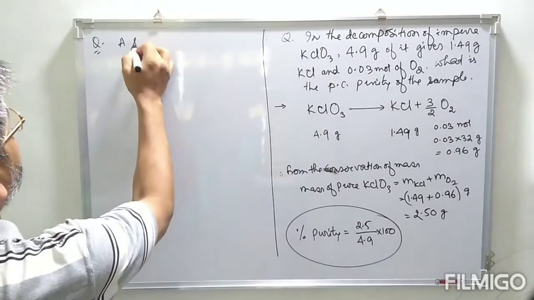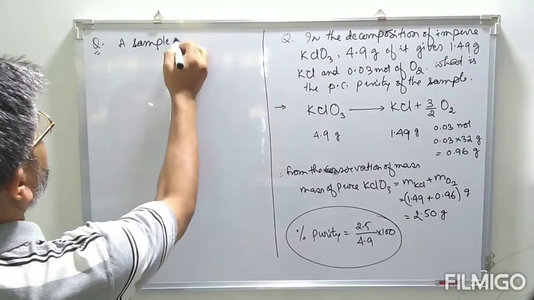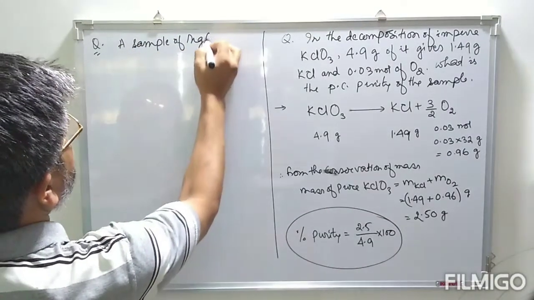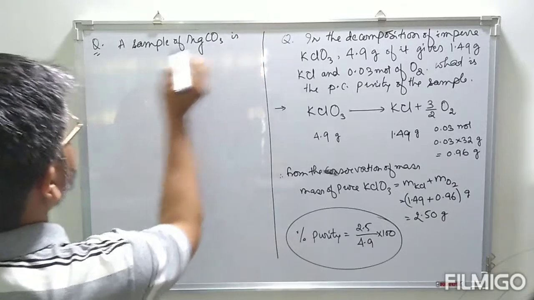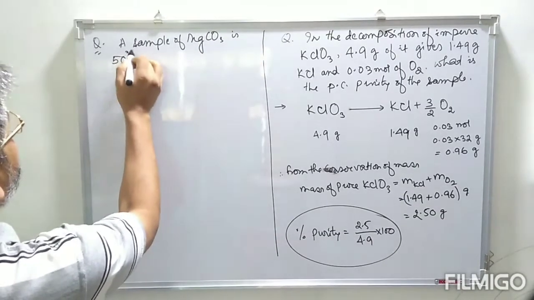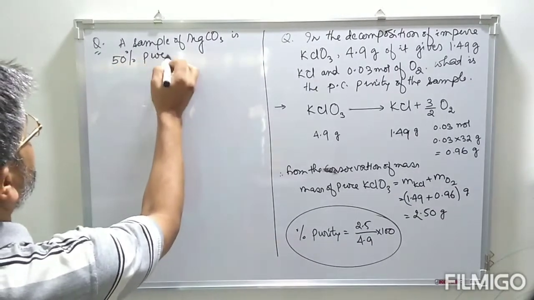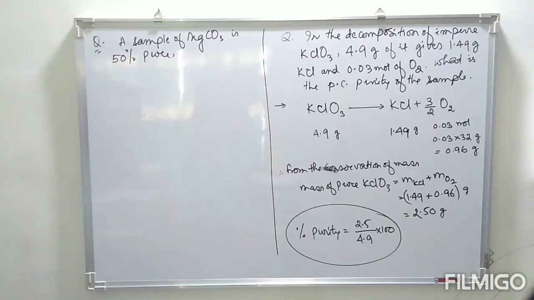Now, in a similar reaction, question says a sample of magnesium carbonate is 50% pure. So purity of the sample is 50%.